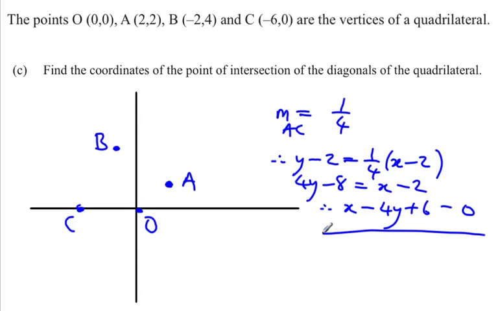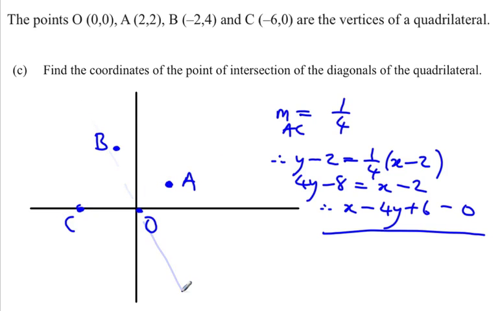Now, it just turns out that our next question asks for the intersection of those two, because they are the diagonals of our quadrilateral.